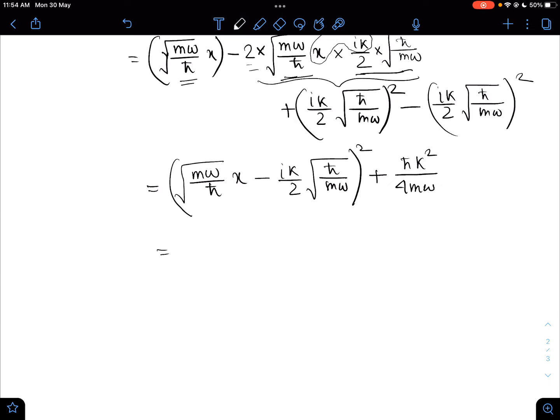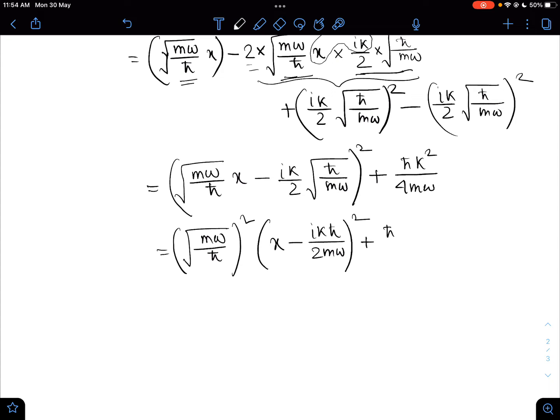From here also we can take m omega by h cut common, so this root will be squared and we have x minus ik h cut by 2 m omega, squared, and here we have h cut k squared by 4 m omega.